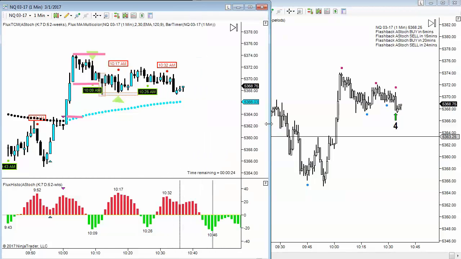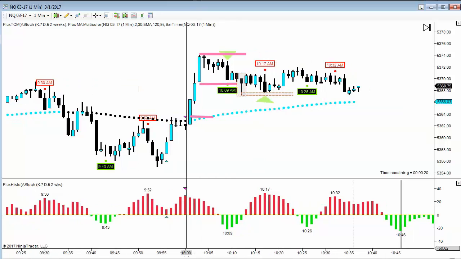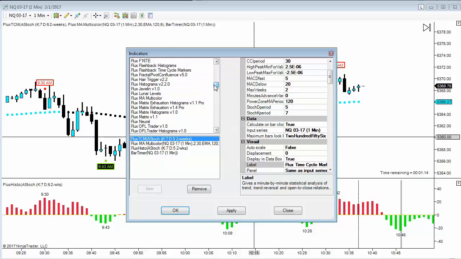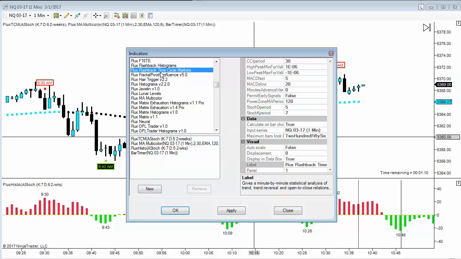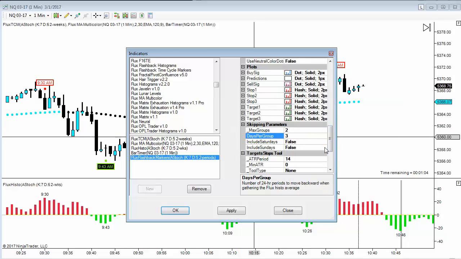And now, Jack, look, I can come over here, scroll down, find the indicator in the NinjaTrader indicators list, Flux Flashback time cycle markers, and when I add it, Brent, look, it retained all of the settings from the other chart.